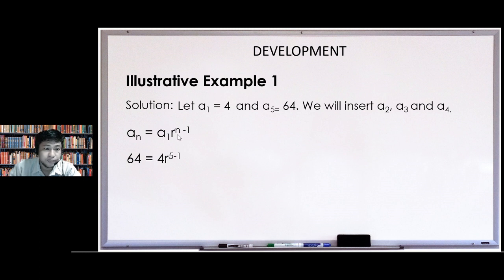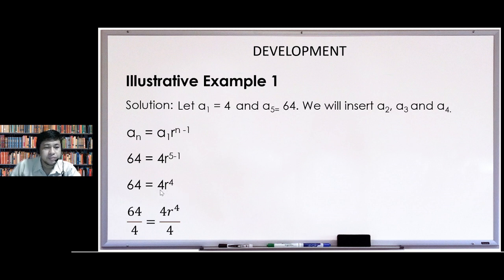Since the last term here is the fifth term, n will become 5 minus 1. So we now have 64 is equal to 4 times the common ratio raised to 4, since 5 minus 1 gives us 4.